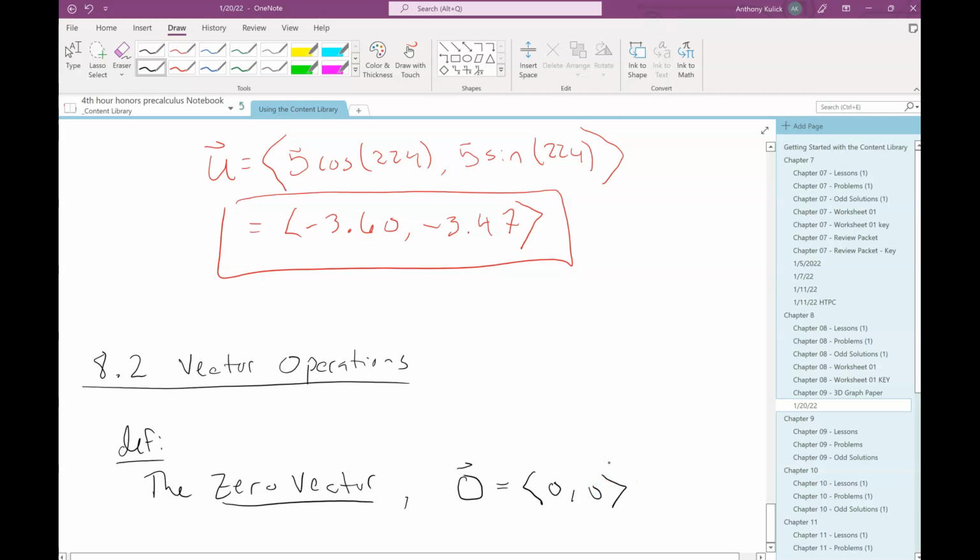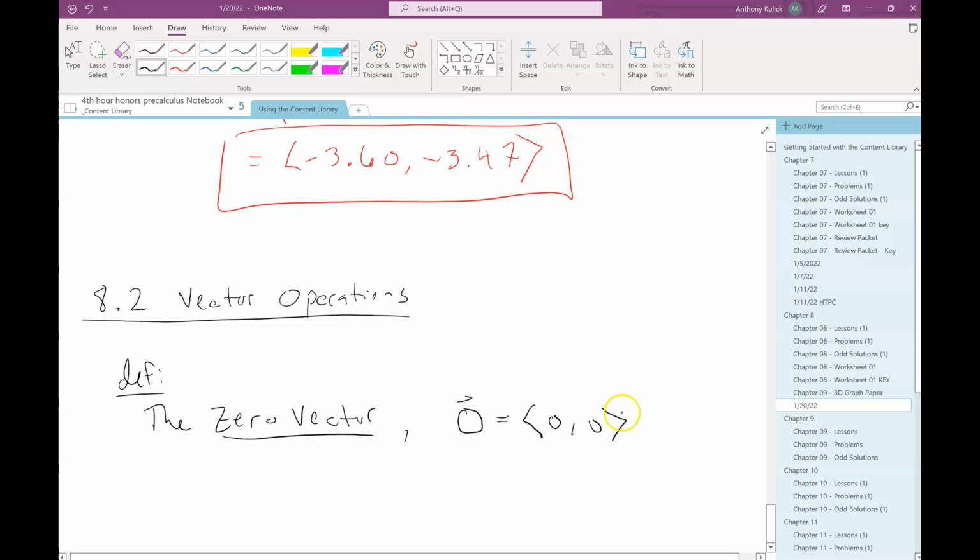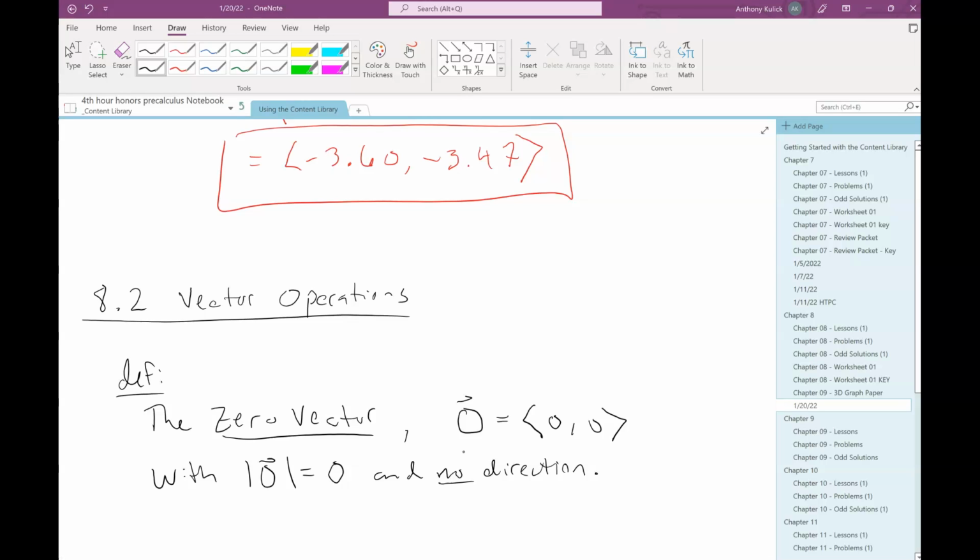So the zero vector in component form is just 0, 0, which means it has magnitude equal to 0 and no direction. This is the only vector that doesn't have a direction associated with it. But that's okay. Just like with the real numbers, 0 is kind of a weirdo number also, because it's the only number that doesn't have a multiplicative inverse, right?